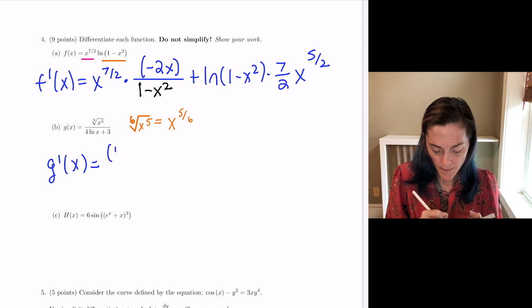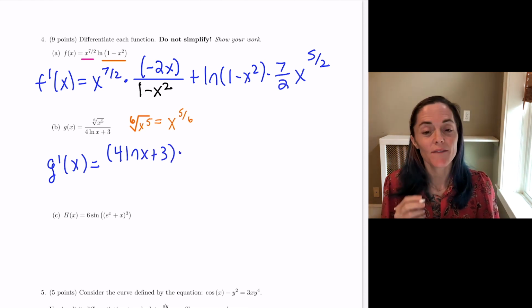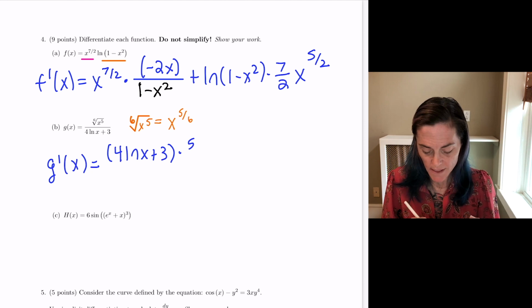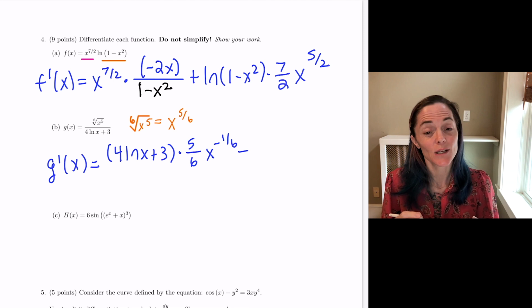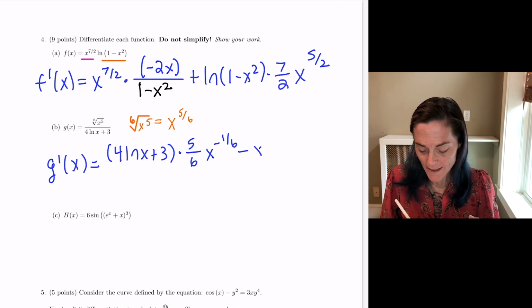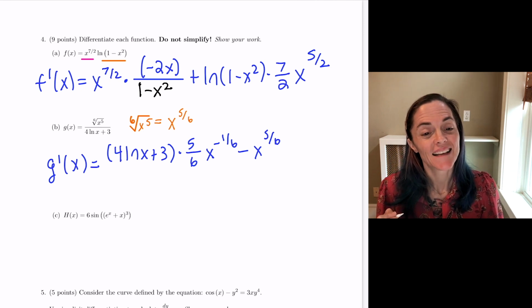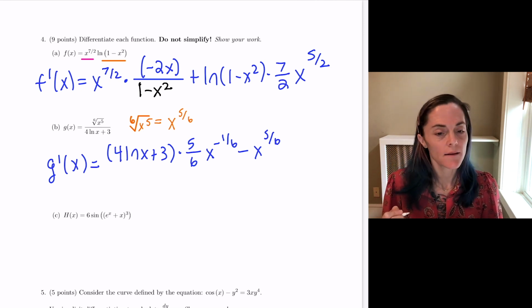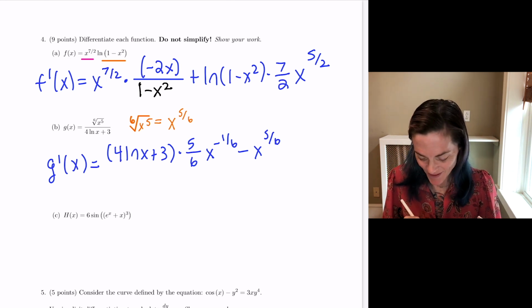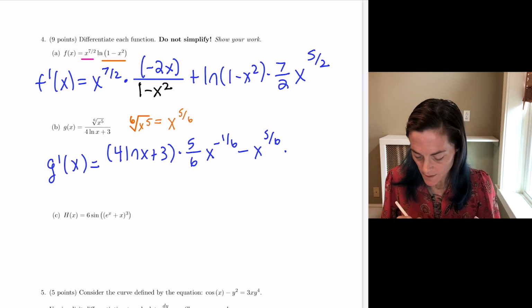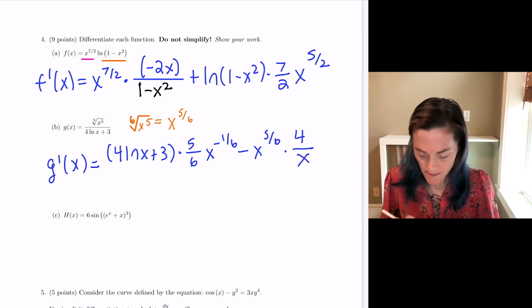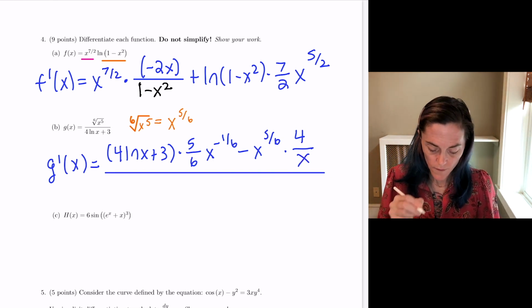Okay, so we have denominator 4 ln x plus 3 times the derivative of the numerator, which is 5/6 x to the minus 1/6, minus the numerator, which you can either write as a power or you can write as the 6th root of x to the 5th, times the derivative of the denominator, which is 4/x, and then all over denominator squared.